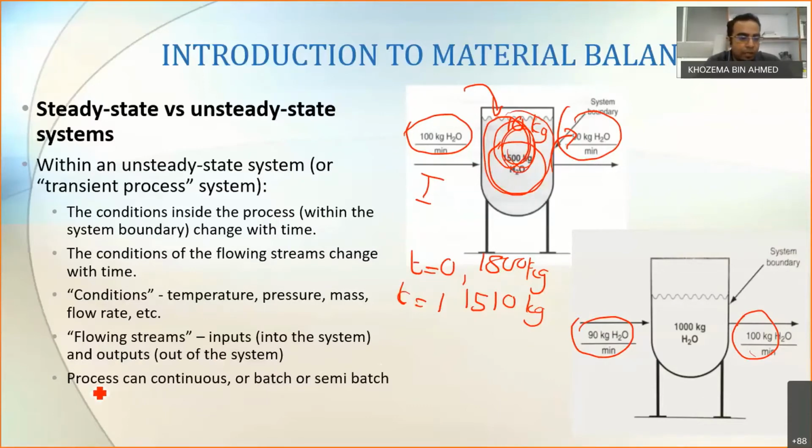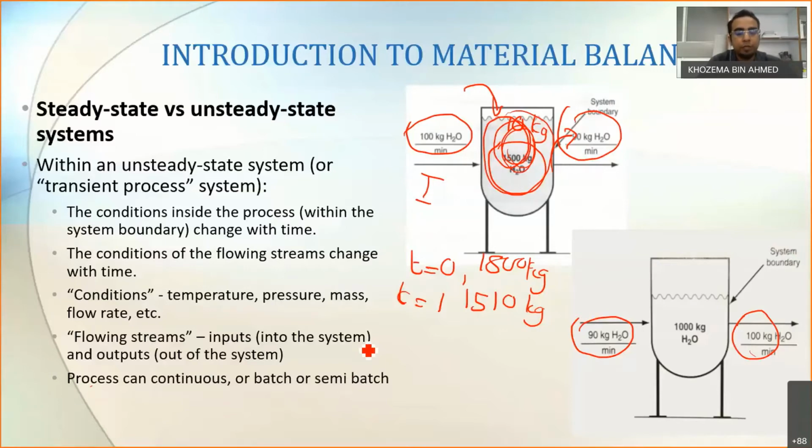For unsteady state, it can be continuous, batch, or semi-batch. There is no unsteady state batch or semi-batch process for steady state. So those are the systems that we are looking at.